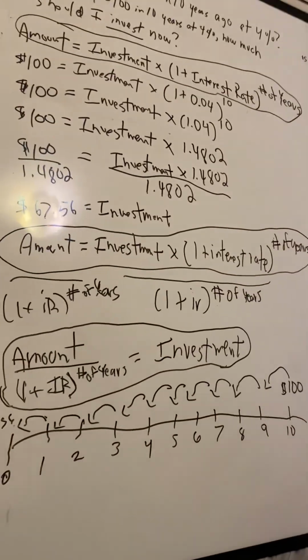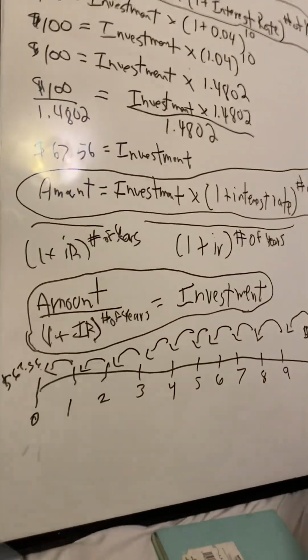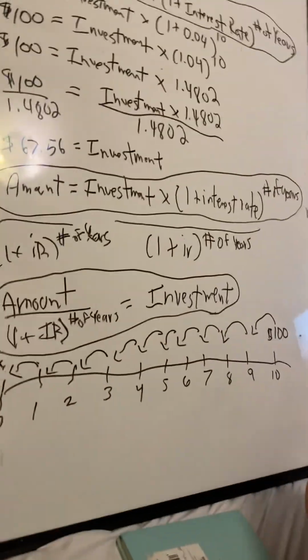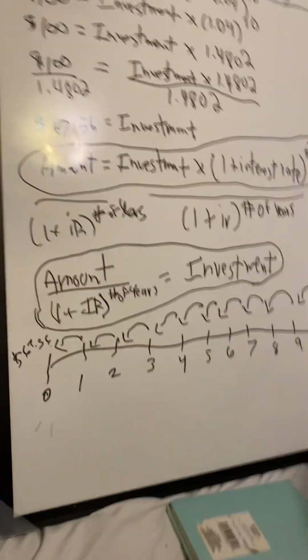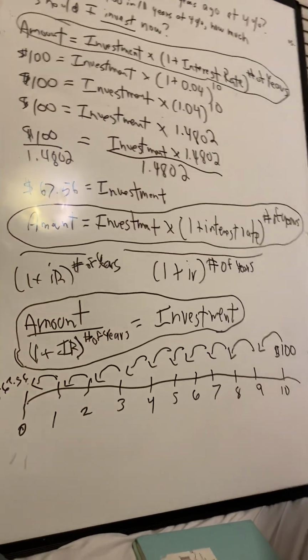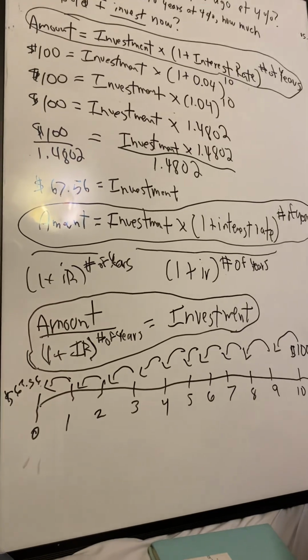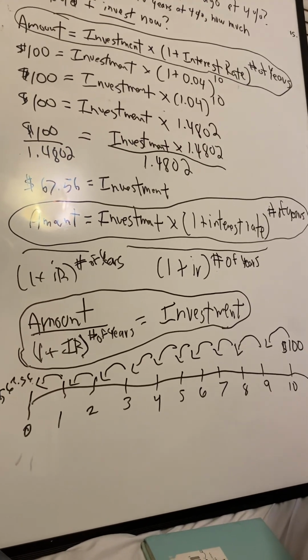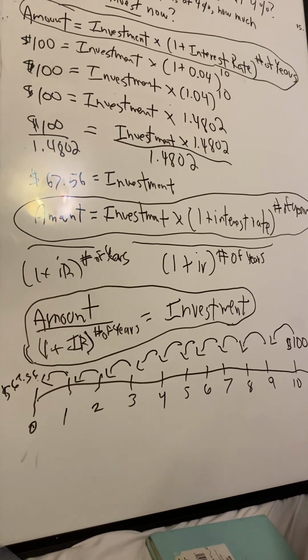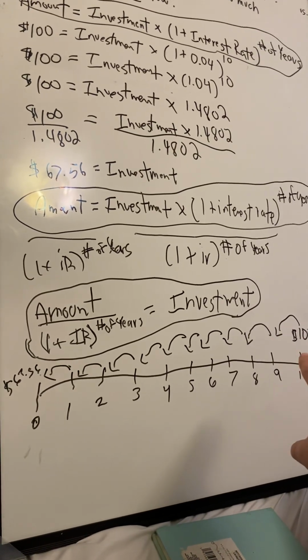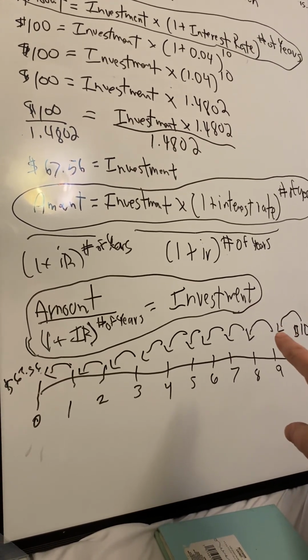Now, if we're looking at this on a timeline, we would have the $100 at the end, and we'd be going backwards.